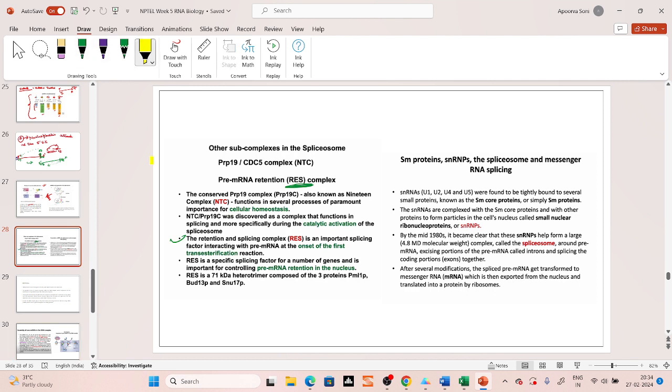That means this RES is required to help in the first transesterification reaction, and it has a catalytic activity. So it catalyzes the first transesterification reaction. Here comes the importance of RES.